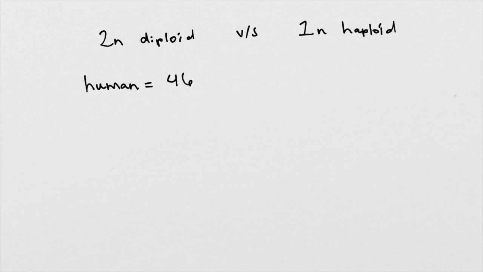And the haploid number? 23. How many chromosomes do your body cells, with the exception of your eggs or sperm, contain? 46. So this is body cells.